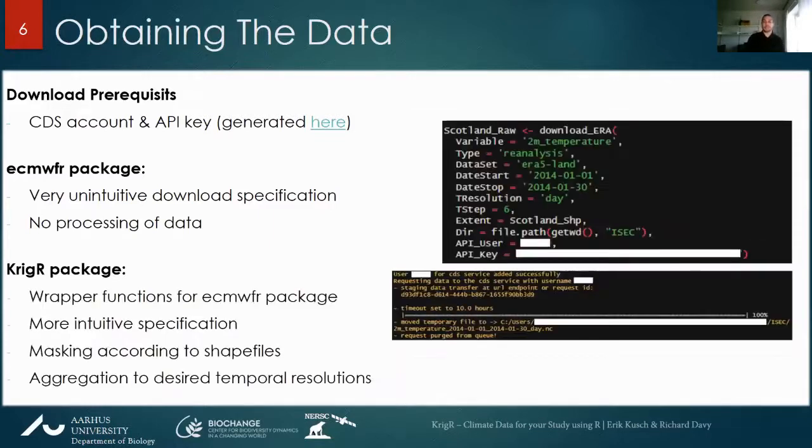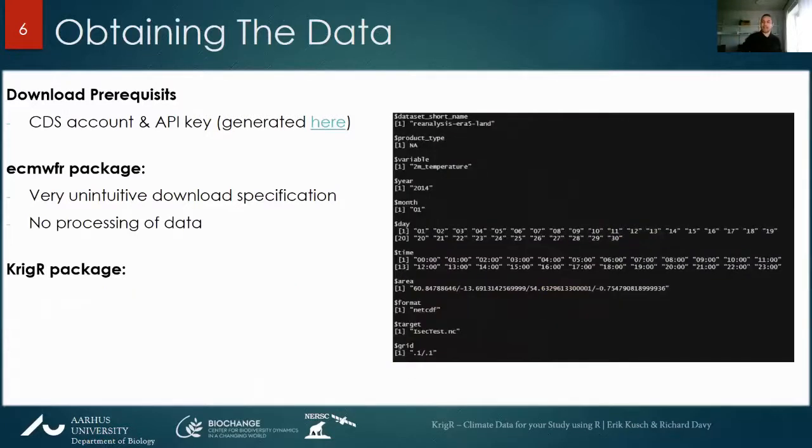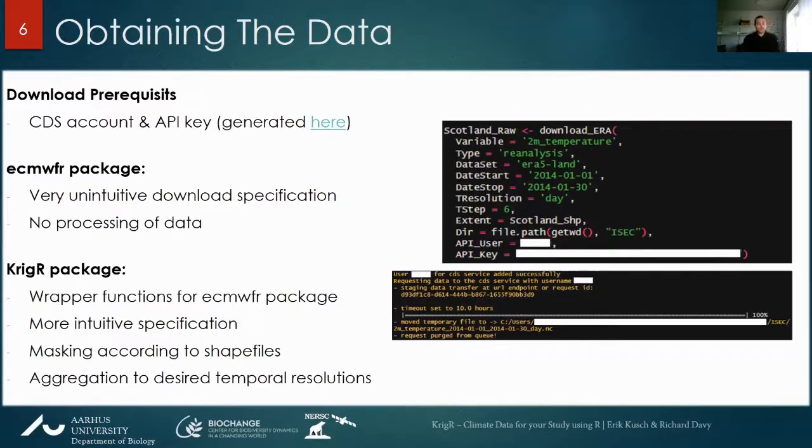So what we've done in the KrigR package is write a wrapper function for the ECMWFR package to get to a more intuitive specification, at least to my mind, for your downloads. On the right-hand side, you can see that function call, which gives you the exact same data. We have also implemented a masking according to shapefiles.